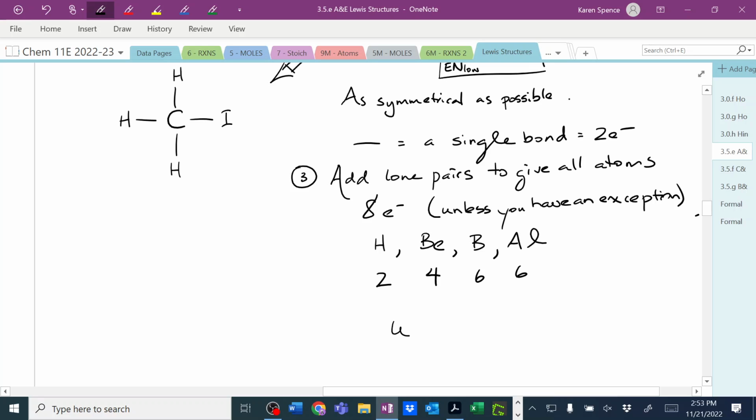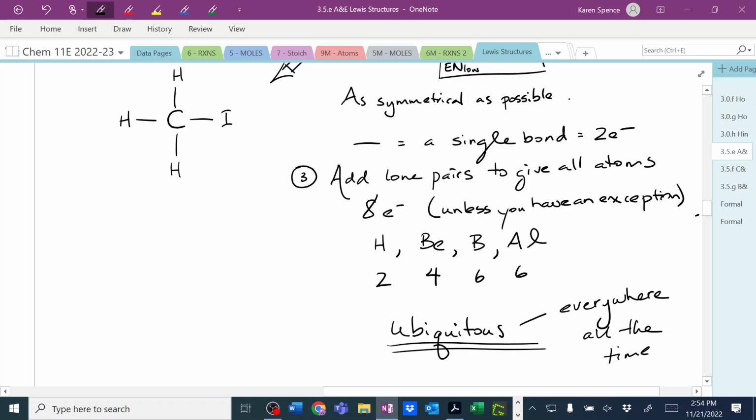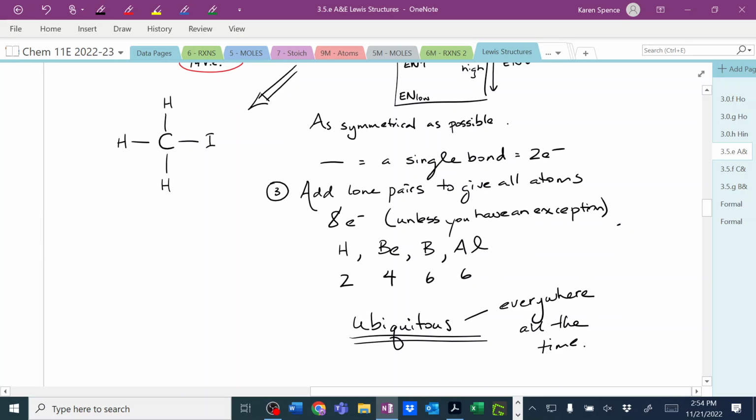Ubiquitous. I'm not very good at defining words, but that's kind of what it means. So hydrogen is everywhere all the time.